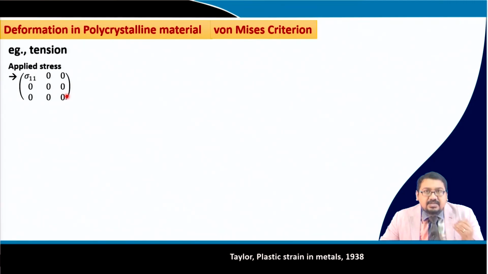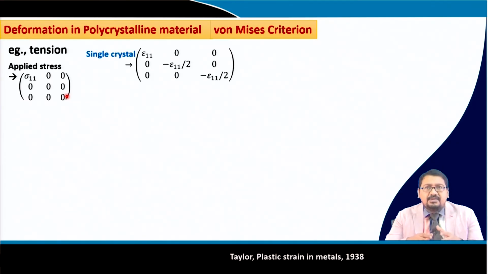Now, in case of the single crystal, when such a situation exists, the strain along the 1 1 direction should comprise epsilon 1 1, and the strain along the other directions, epsilon 2 2 and epsilon 3 3, come out to be, for an isotropic material, equal, or if it is different, then epsilon 2 2 plus epsilon 3 3 plus epsilon 1 1 should be equal to 0.